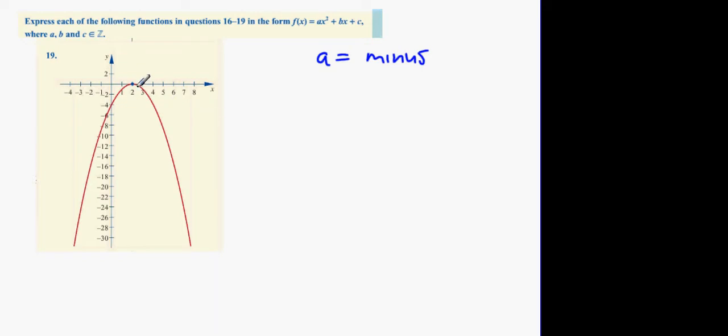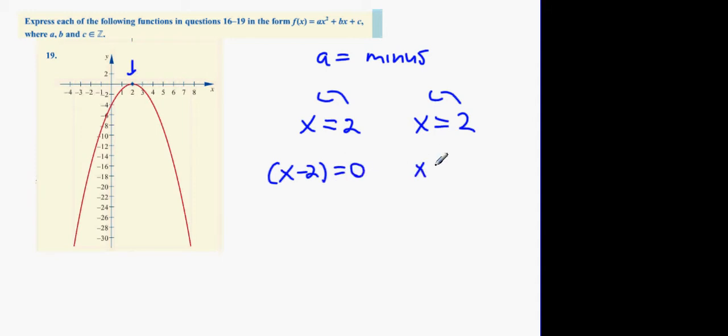Now, what I'm seeing from here is that the root is 2, and it only happens once. This means it's the same root twice. You can bring it over to your side, and what we're going to get is x minus 2 equals 0, x minus 2 equals 0.